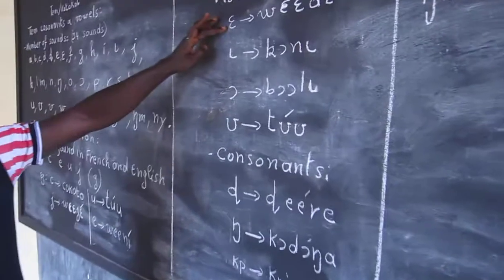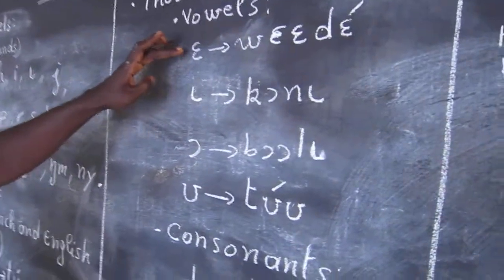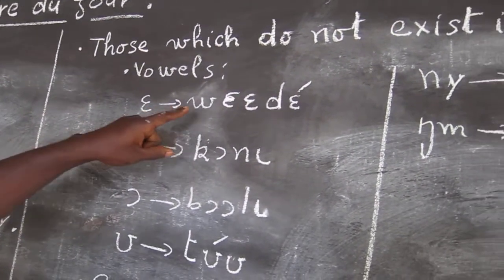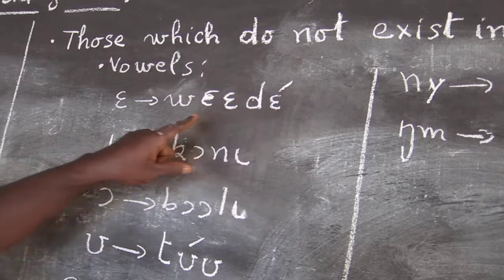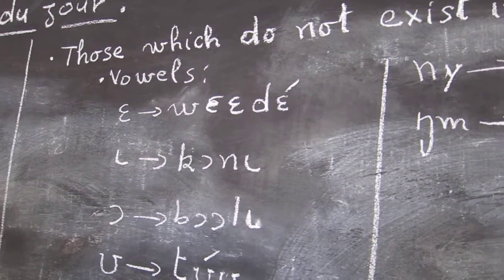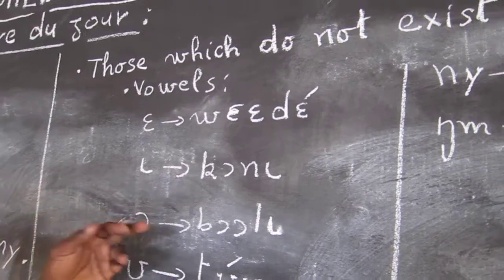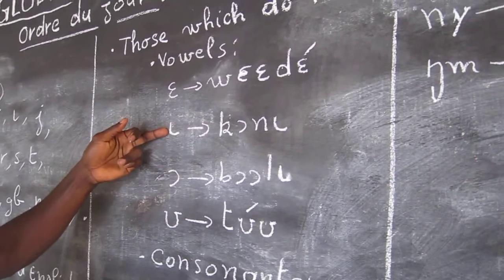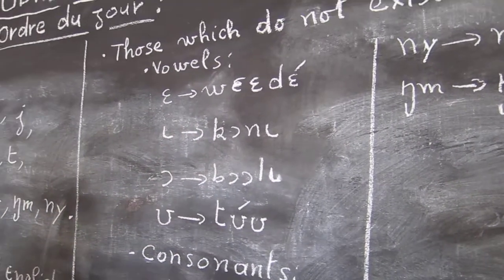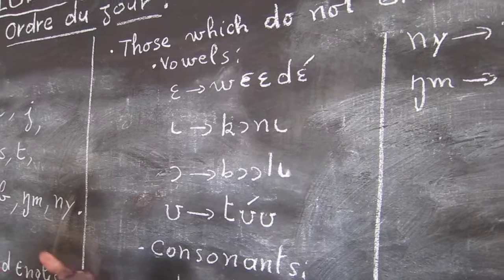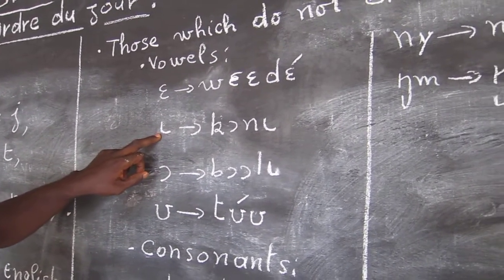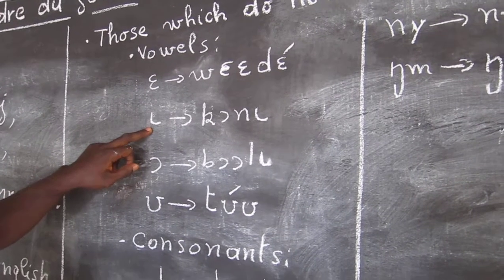This one is pronounced E, and we can find it in the word where de, which means in English he or she finished. And we have this one, which is in. Kone. If I say kone in Tem, it means come. So this is not E or I, but it is in. It's pronounced from here.